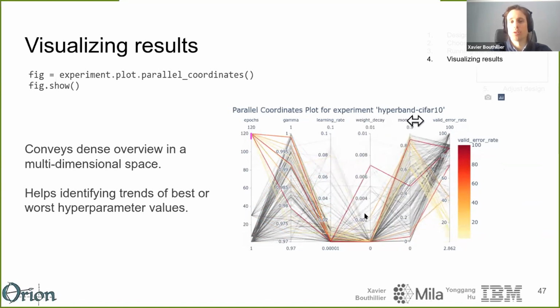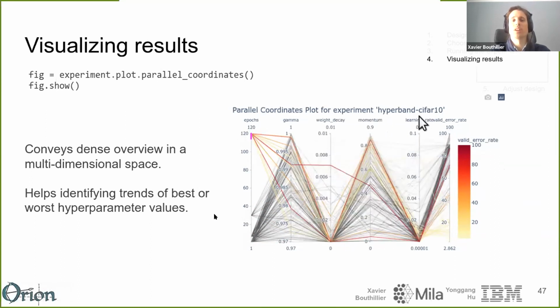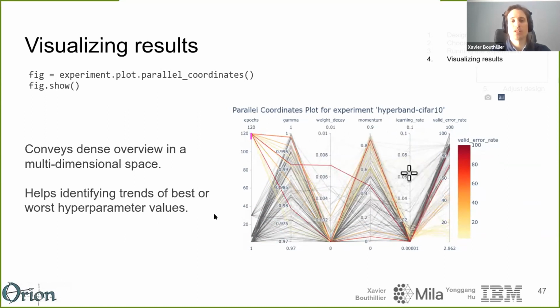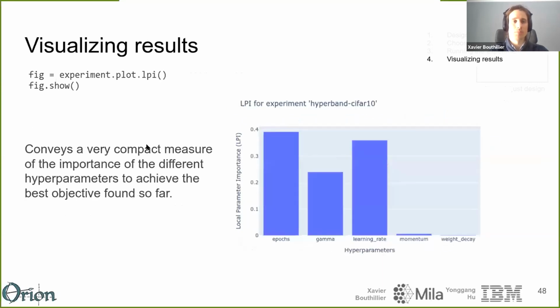This is an example where we used Hyperband, which is why we have different numbers of epochs. So it's good to identify trends of best and worst hyperparameter values. But to be very honest with you, I find this plot a bit difficult to read. So I'll show you 2 other types of visualization that I think are easier to intuitively understand and work with.